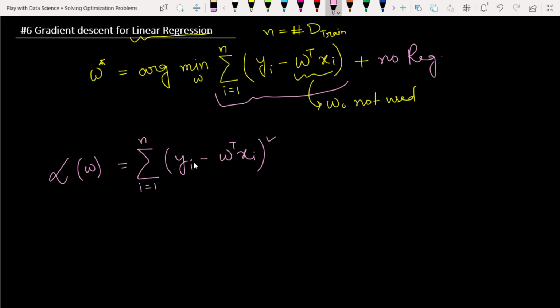Because we already know the data xi, yi, since it comes from our training data set D train. We are only unknown about our weight vector.